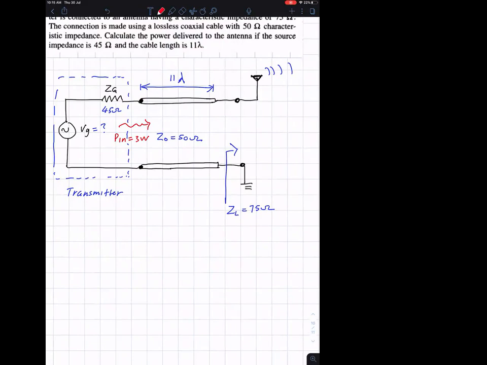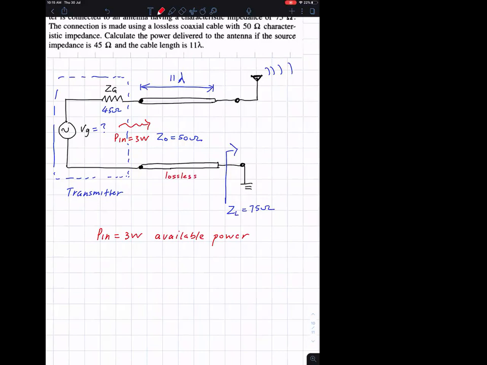The transmitter is capable of producing 3 watts output power. So this P in is 3 watts. And this is a lossless line.